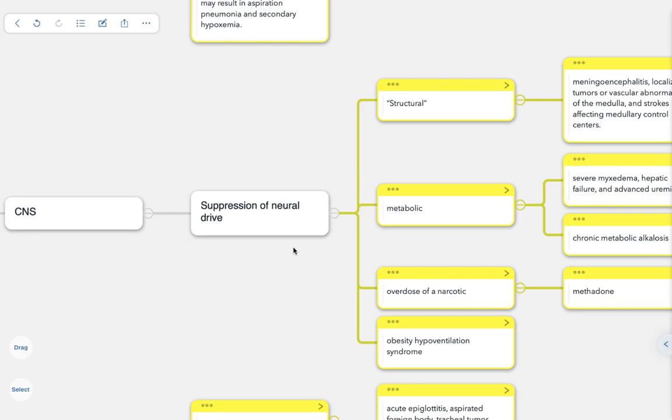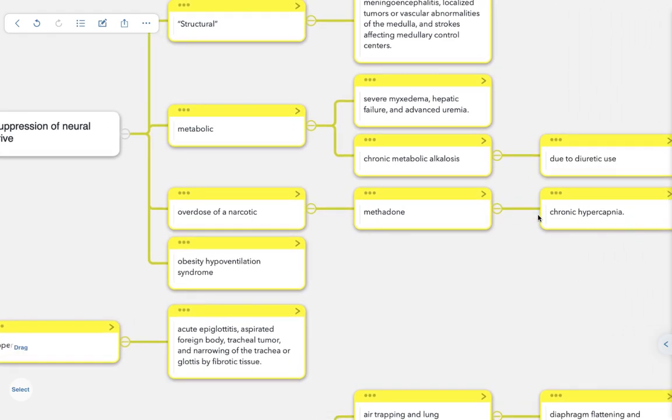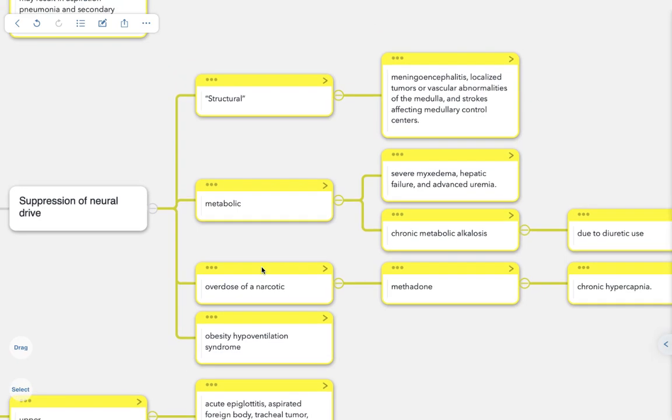Anything which causes a suppression of the neural drive can lead to this condition. Now, the suppression of the neural drive could be due to many reasons. This could be due to some narcotic which the patient might be taking, as in the case of methadone, which, if given for long term, can cause chronic hypercapnia. Could also be as a result of some metabolic derangements, especially in the case of severe myxedema or hepatic failure or an advanced type of uremia.